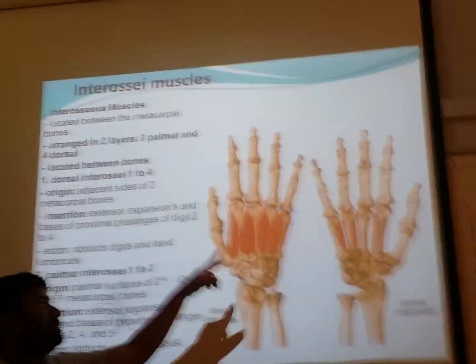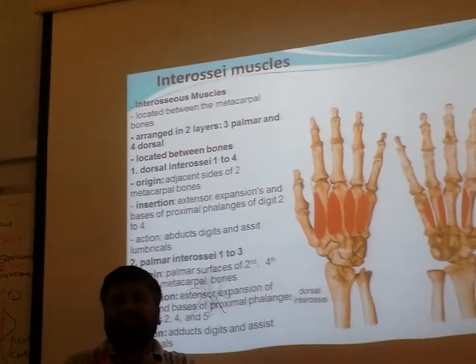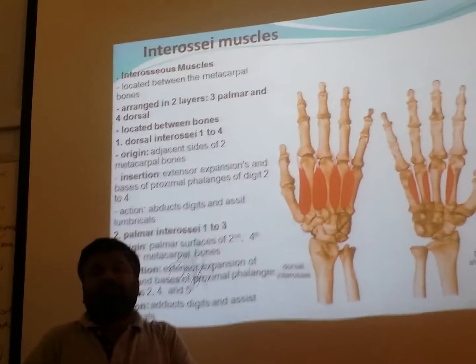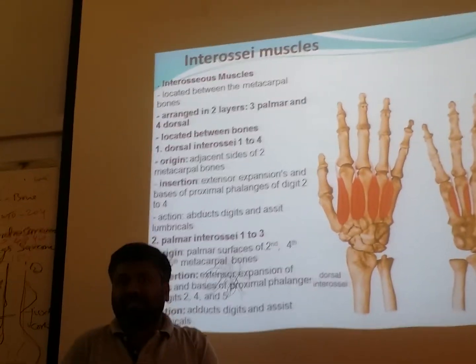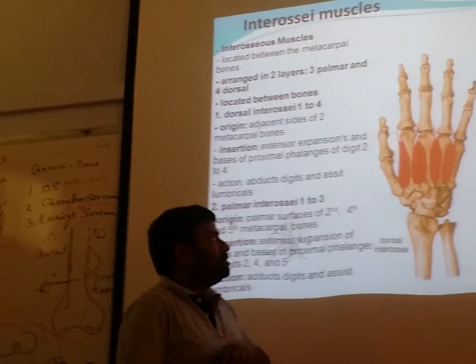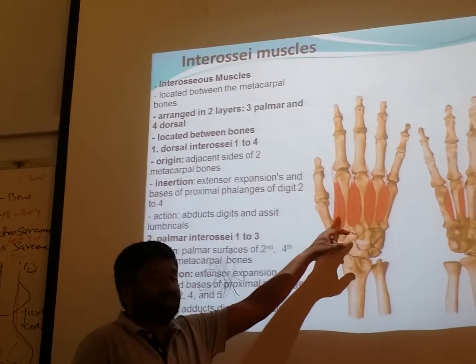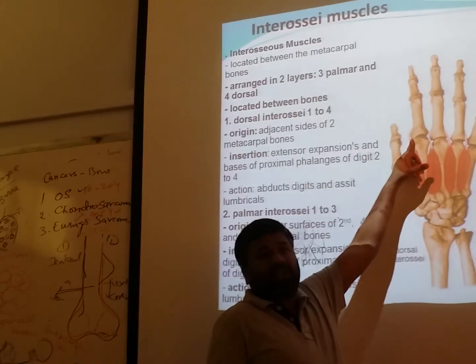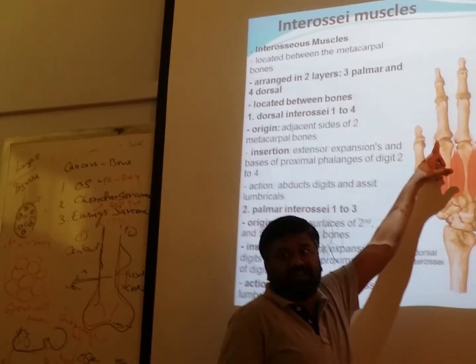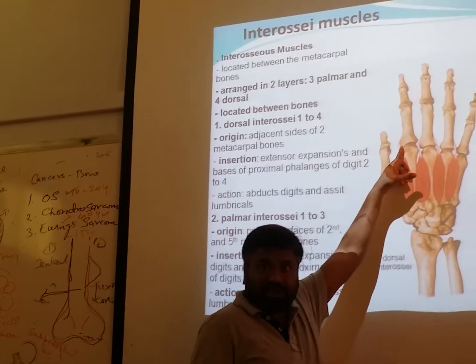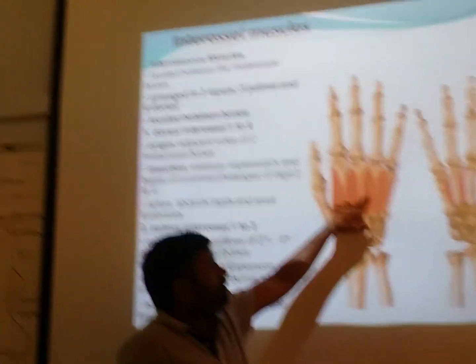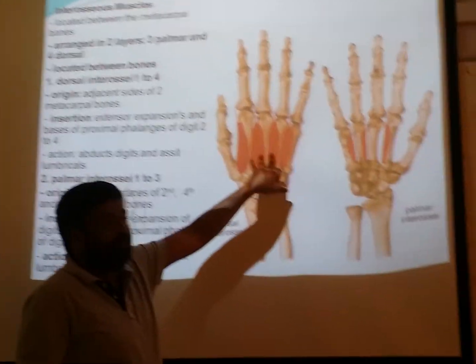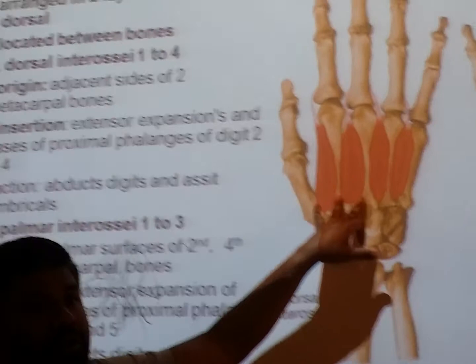Okay. Then now observe the dorsal interossei. They take origin from the adjacent sides of the metacarpal bones. See the attachment of the first. It is going to the lateral side of the proximal phalanx of the index finger. Whereas second and third, look at here, very clear difference between the palmar and dorsal.